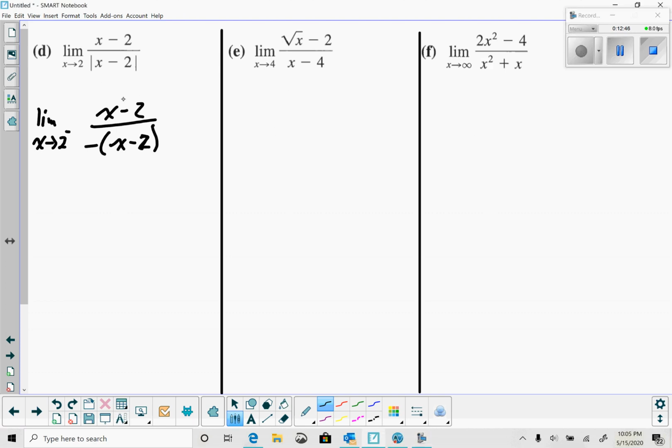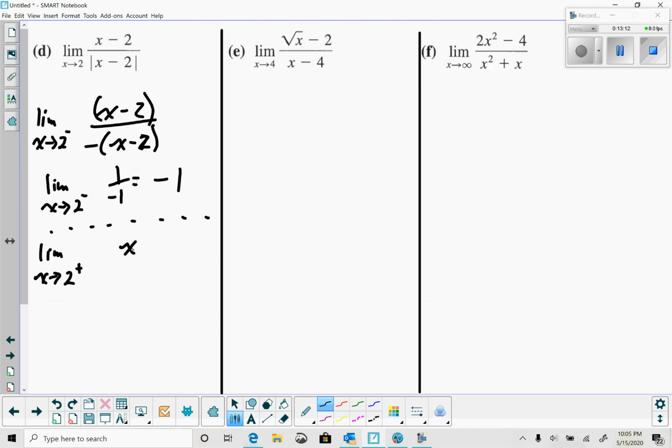So now you notice here, numerator and denominator are identical. So this is the limit as x approaches 2 from the left of 1 over negative 1. That's a value of negative 1. But we also have to look at the limit as x approaches 2 from the right.